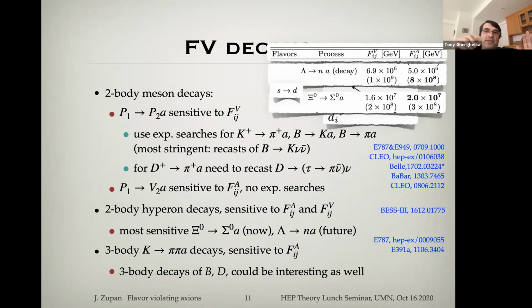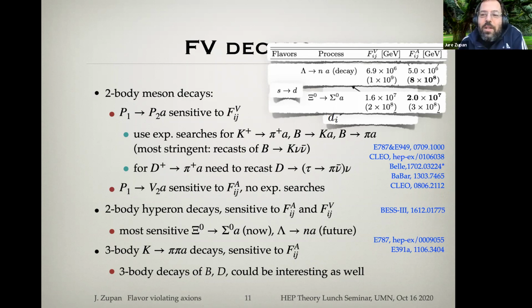This is capital F, which is the decay constant over CV, F over CV. So if F is 10 to the 9, you'll need CV to be of order 1,000 to be compatible. Yes, or if it's 10 to the 12.